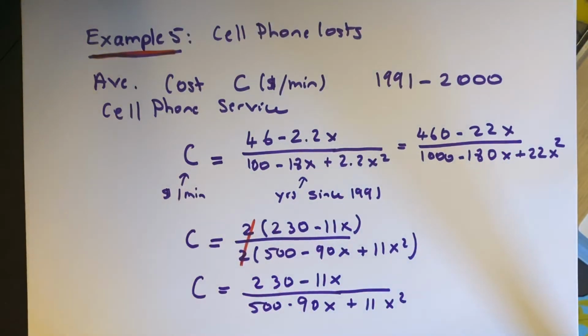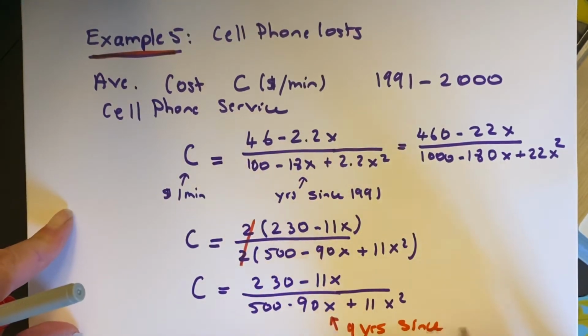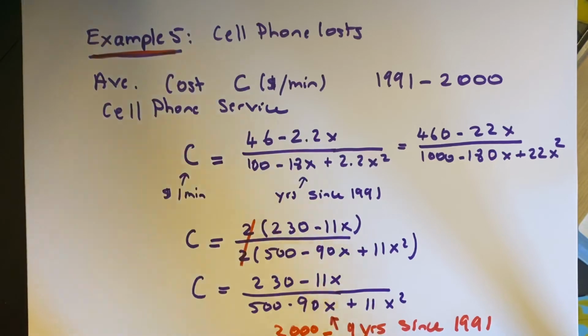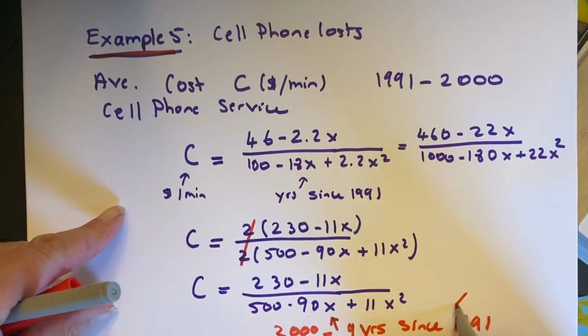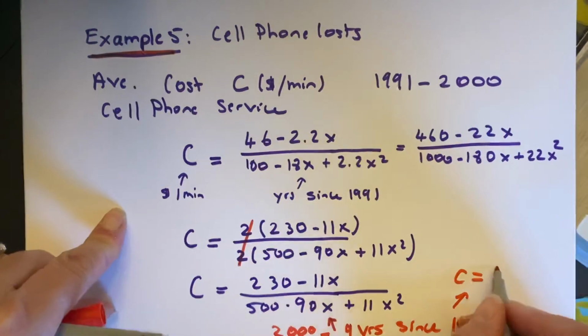And if you were to do that problem and you would substitute in the 9 years since 1991, so 2000. So if you put in a 9 for x, you're going to end up, and I'm not going to work it all out, with C equals 23 cents a minute.